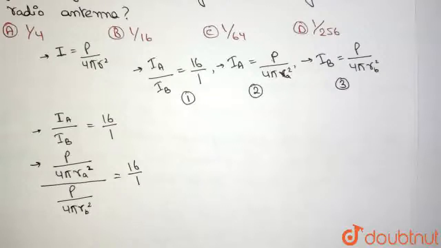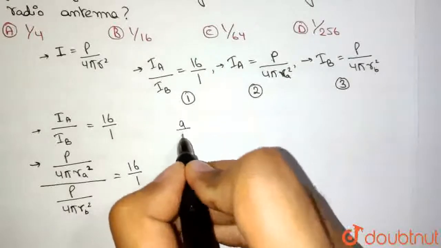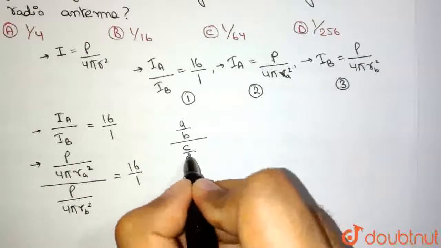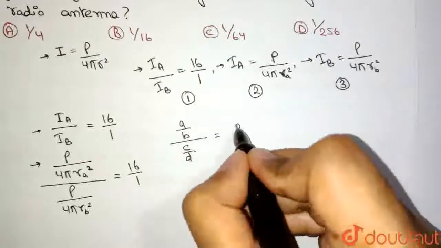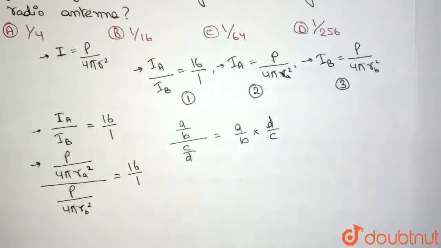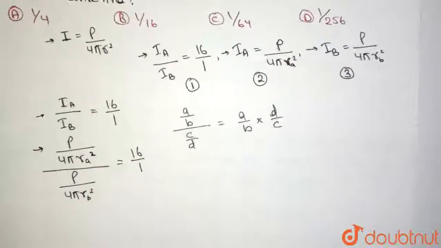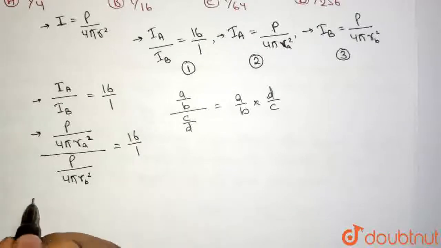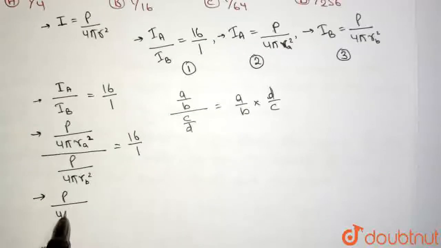Now, since we have these terms dividing each other, we can multiply this term by the reciprocal of this, right? Because whenever we have A upon B upon C upon D, we could write this simply as A upon B multiplied by D upon C. So using this same concept over here, we can write this term as P upon 4 pi RA square, which is this first term, A by B, right?